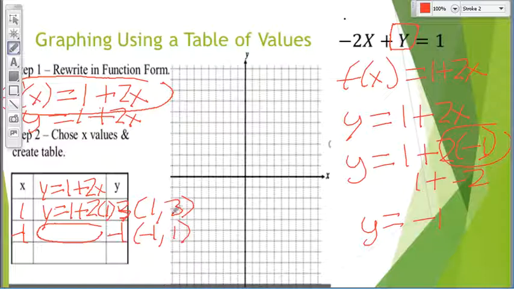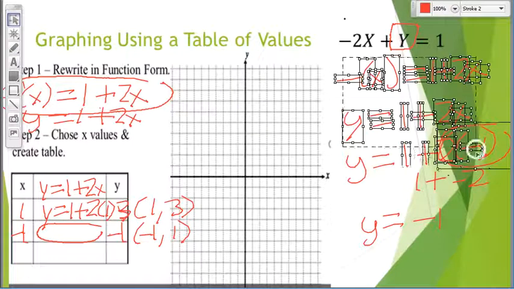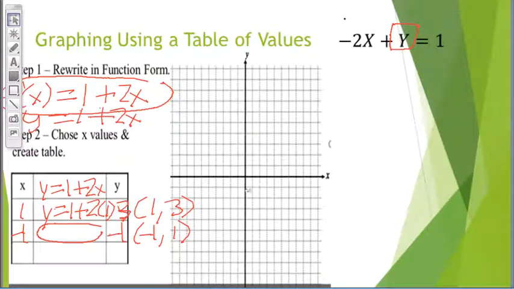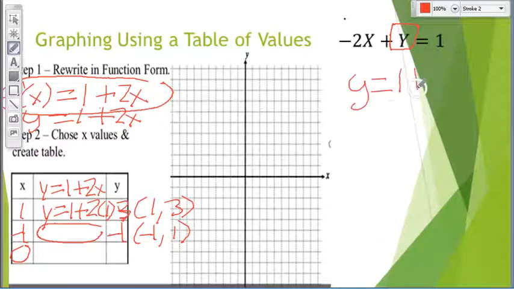Okay, so now we have 2 points that are on the line. Let's go ahead and find a third point. Let's say we let the x be 0. And when you're creating your table of values, you can actually use anything that you want for the x. You get to decide that. The x is your independent variable.